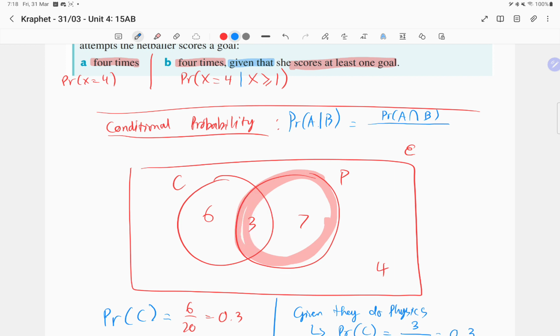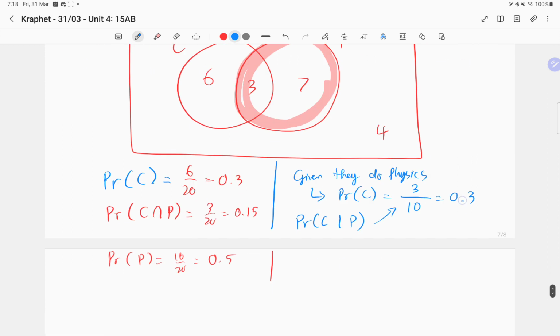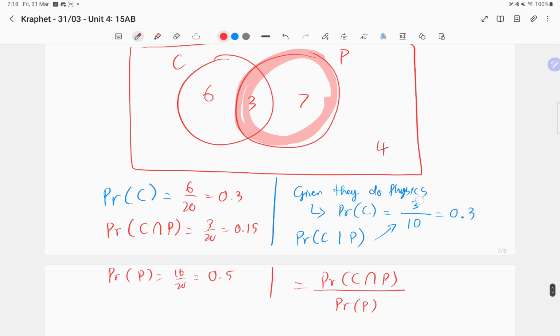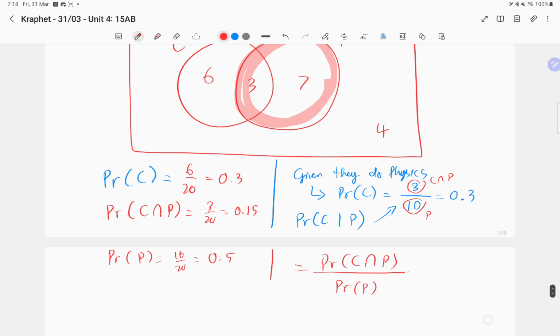Applying the formula, it would be the probability of someone taking both chemistry and physics over the probability of physics. When you think about it, it makes sense because 3 is chemistry and physics, and 10 is the number of people doing physics. You see how it's restricting it? It's dividing by a smaller domain. So when you calculate this, we get 0.15 over 0.5.